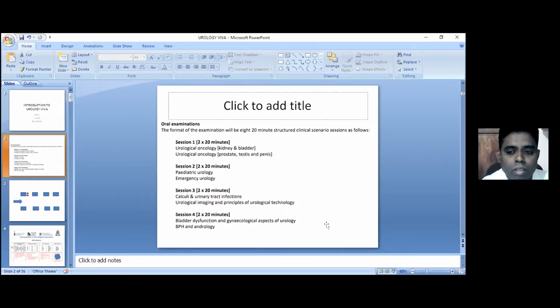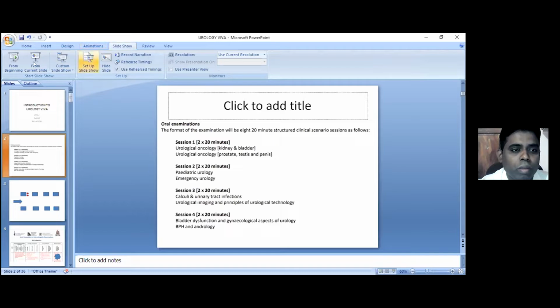Go to the slideshow on the toolbar: home, insert, design, animation, and then slideshow.